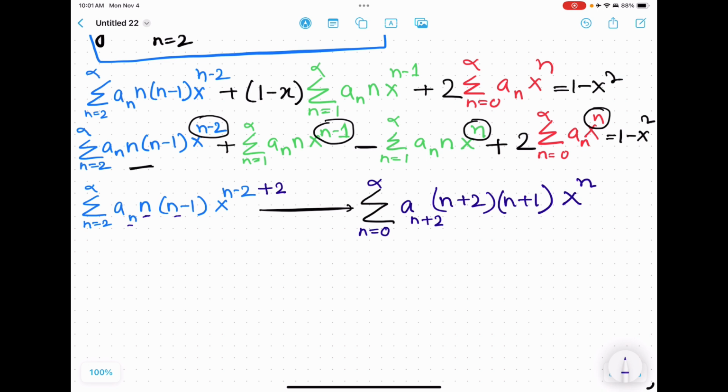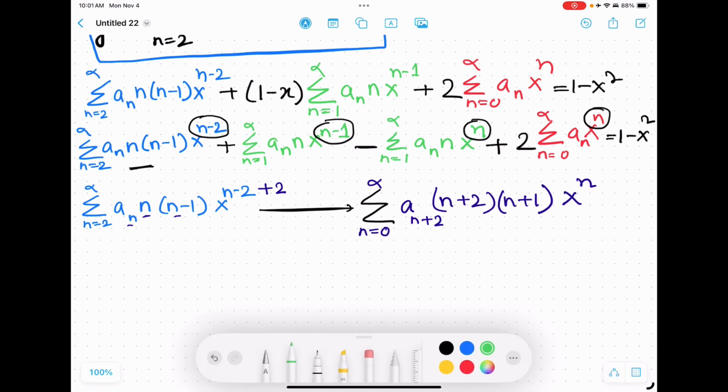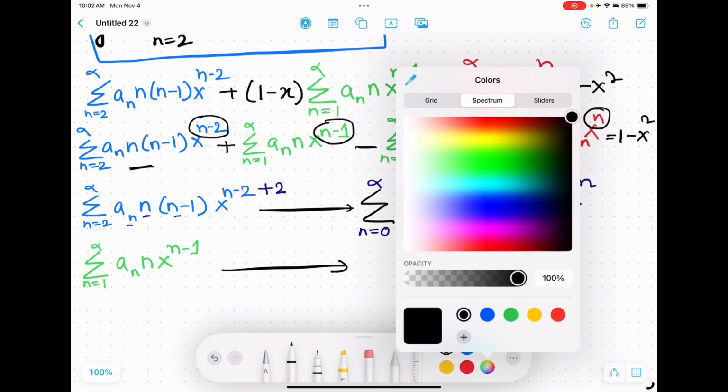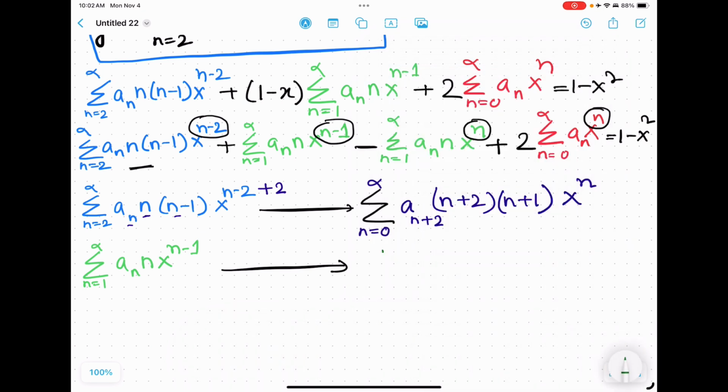All right, so now let's transform our second power series. So I have summation n equal to 1 to infinity a sub n times n times x to the power n minus 1. And then let me use a different color. Okay, I'm going to use this dark green. So now it also needs to be transformed to just an n. So all I got to do for this case is add 1 to it.